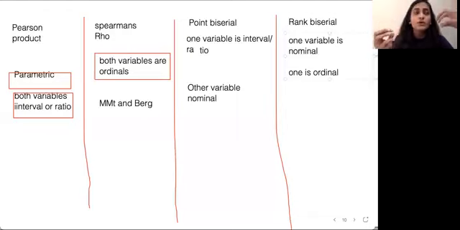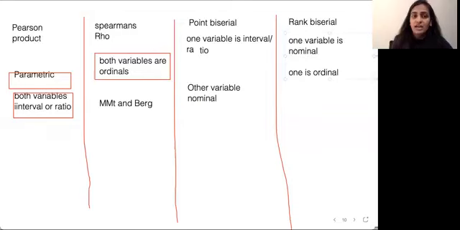Okay, so both of them are going to be interval or ratio. Spearman's rho means both your variables are going to be ordinal in nature. Point biserial means one is going to be interval or ratio and the other one is going to be nominal. And rank biserial is one variable is nominal, one variable is ordinal.